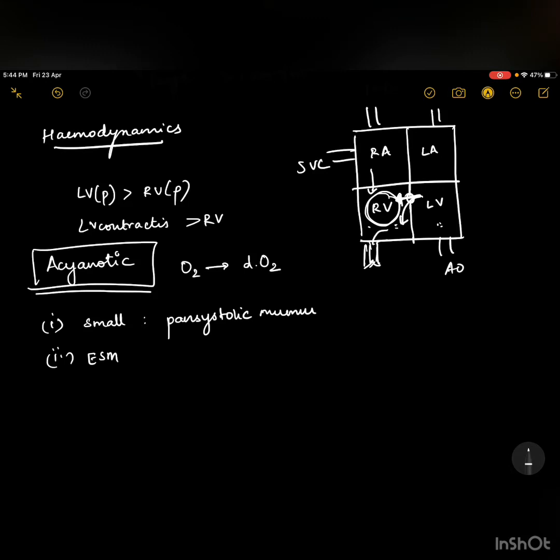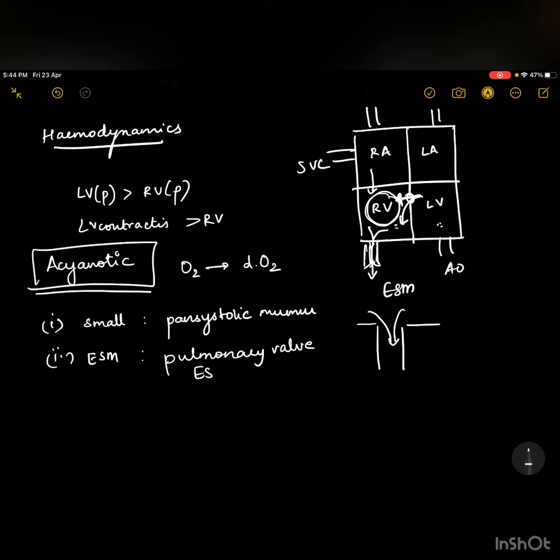As all of this blood flows through, there's going to be an ejection systolic murmur, not because this valve has any stenosis or anything of that sort, just because that large volume of blood is going through a small space, more than what it usually can carry. So that will lead to an ejection systolic murmur at the pulmonary valve.